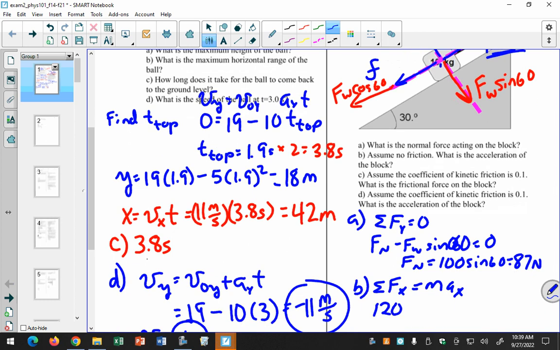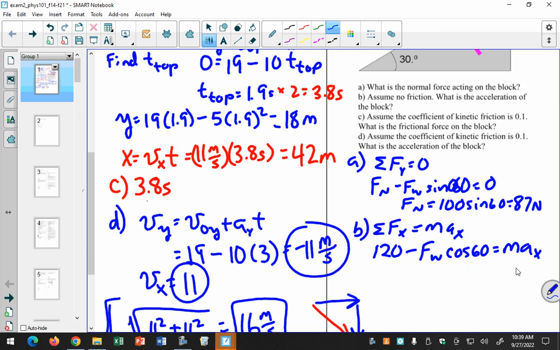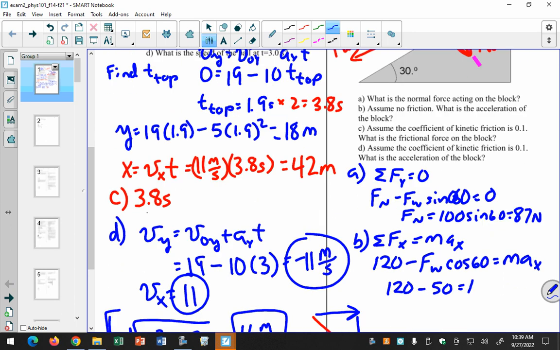That's 120 minus Fw cosine 60 equals max. I left off the frictional force because I'm assuming no friction. You could put it in there, but it'd just be equal to 0. So here I get 120 minus 50. That's 100 cosine 60. Is equal to the mass, which was 10, times ax, and so ax is 70 over 10, which is 7 meters per second squared.